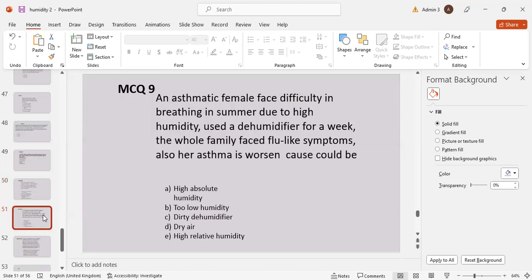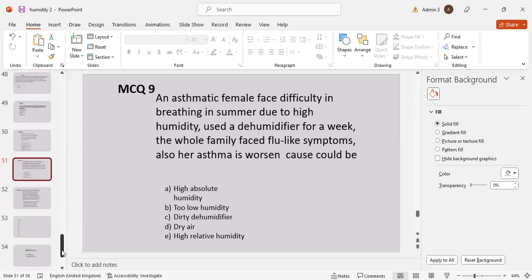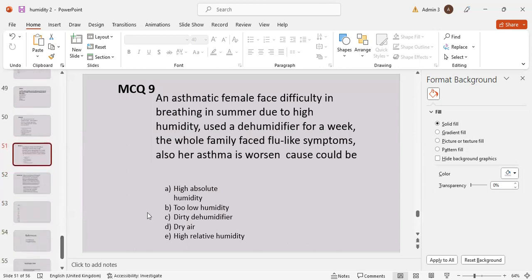An asthmatic female faced difficulty in breathing in summer due to the high humidity and used a dehumidifier for a week. The whole family faced flu-like symptoms. Also, her asthma worsened. The cause could be: A option is high absolute humidity, B is too low humidity, C is dirty humidifier, D is dry air, and E is high relative humidity.